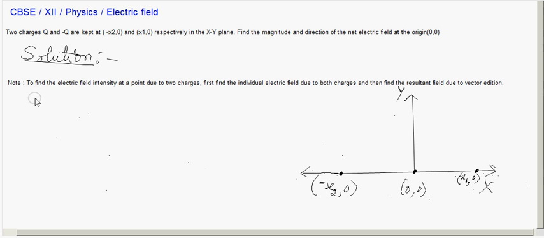As I have given in the note, the electric field intensity can be found by finding the electric field intensity due to each charge individually, and then doing the vector addition. So let E1 be the electric field intensity at O due to plus Q charge.